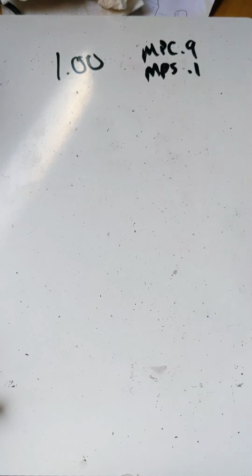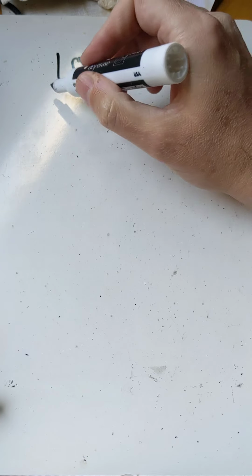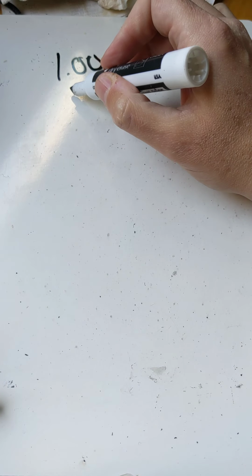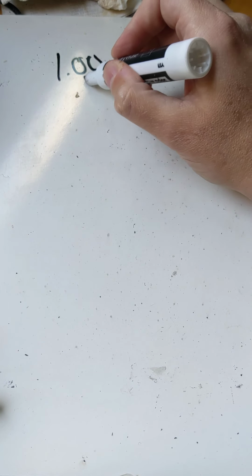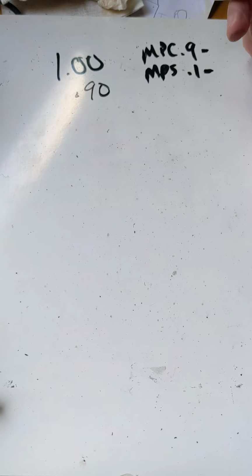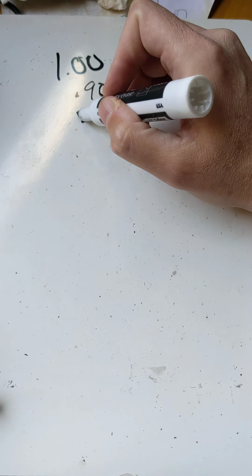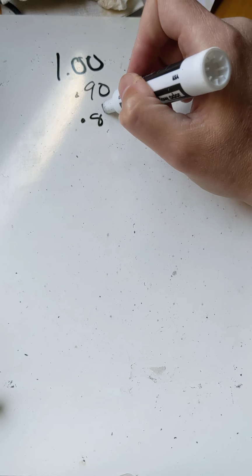If I spend $1, then that store is going to take that $1 and save 0.1 of that, and turn around and spend 0.9. So that's going to turn into 90 cents of them spending somewhere else. And whoever gets that money is going to spend 90% of that.